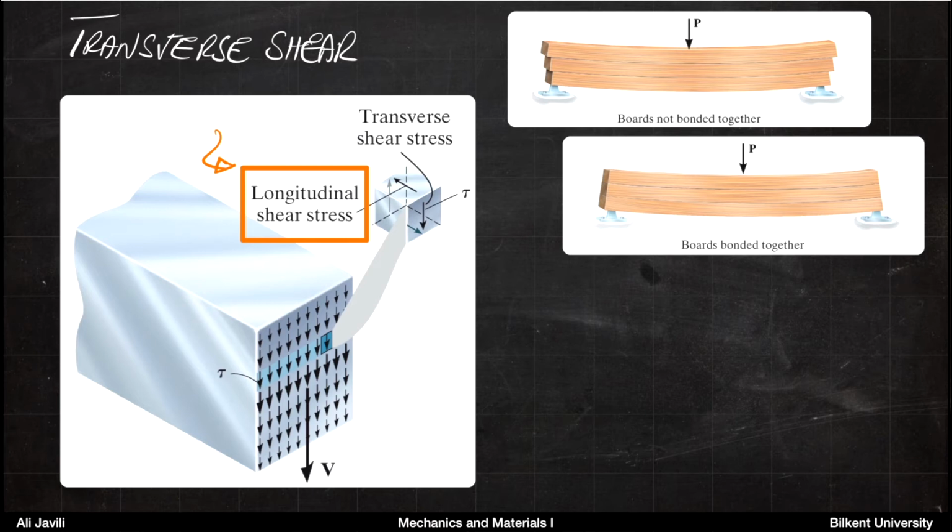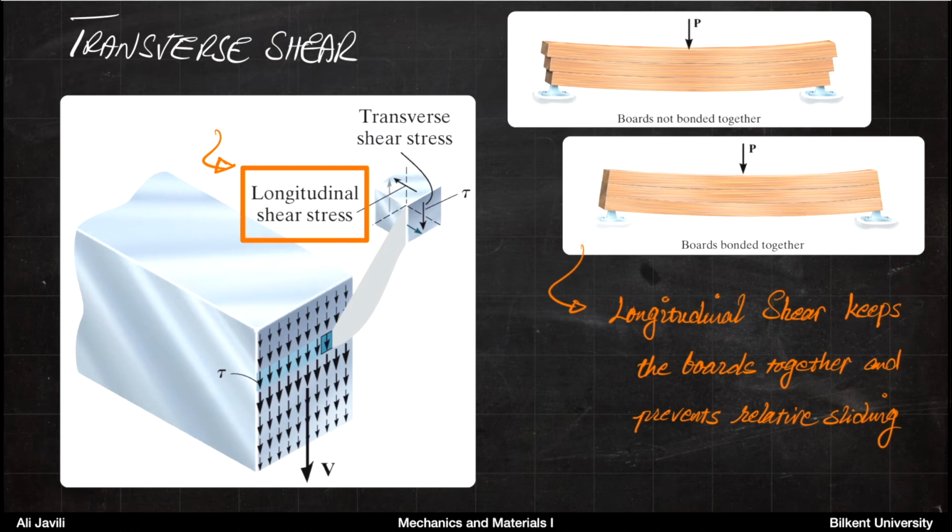And if you want them to keep together, you need to glue them along that tangential line. So that glue that you would use to keep them together needs to resist the longitudinal shear stress. So basically that longitudinal shear stress is exactly what keeps the boards together and prevents relative sliding.